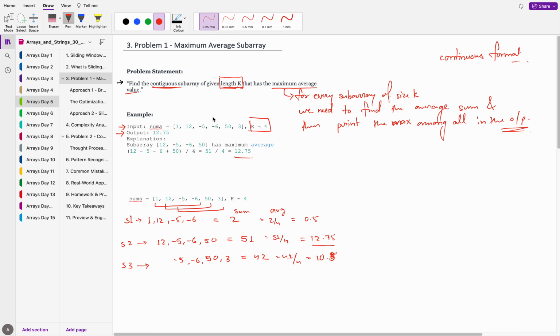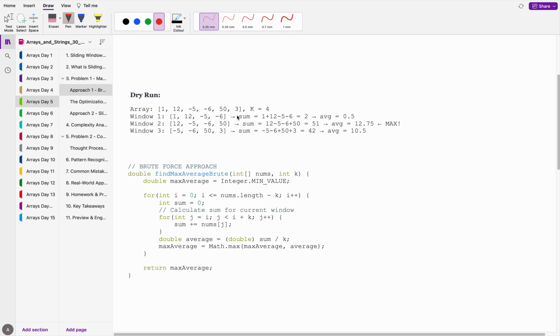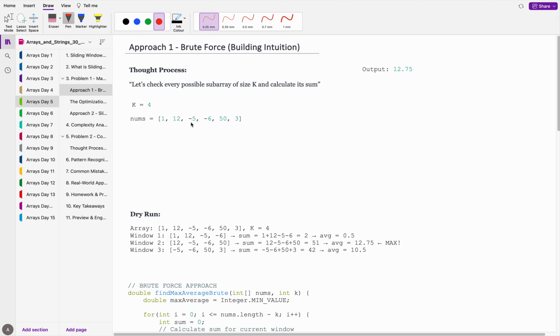A brute force approach where we start from here and take the sum of the first k items, which is 4: 1, 12, minus 5, minus 6. The sum is 2, and the average is 0.5.